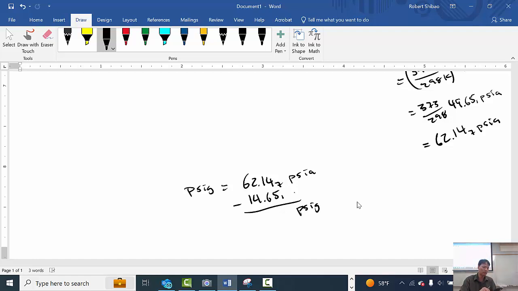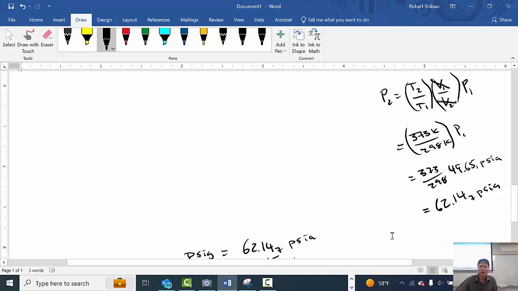So I'm going to just do minus 14.651. That gives me 47.496. Now I have to round this. This is going to round to what?